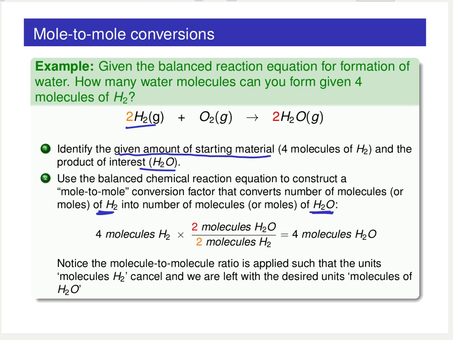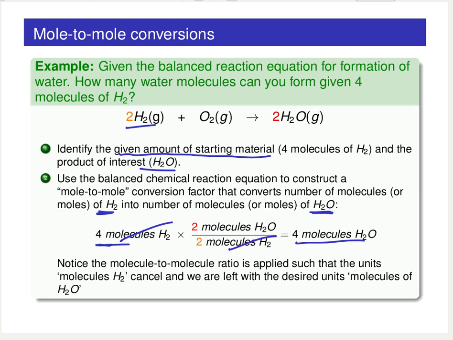That way, if you take your initial quantity of reactant, 4 molecules of H2, you can then directly apply this conversion factor built using the stoichiometric coefficients from a balanced chemical reaction equation to cancel out molecules of H2 and arrive at your final answer with the correct units.